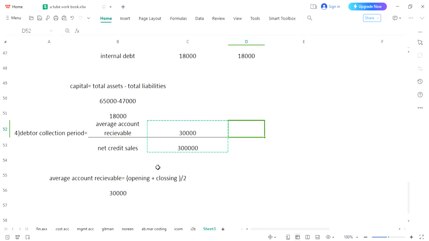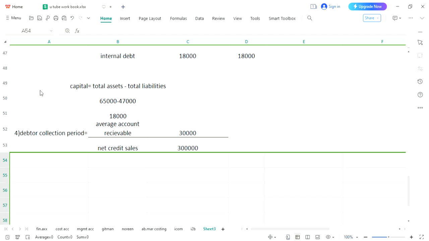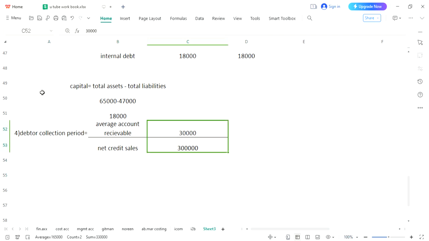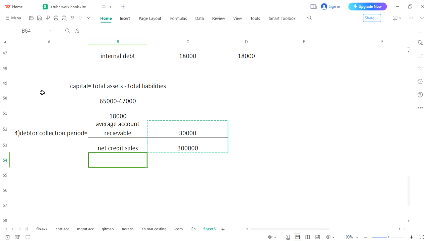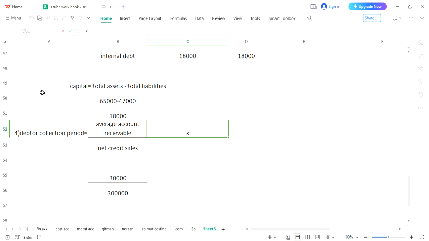We need to make a little space, so let's add some columns and rows over here. Okay, we have got our rows. We are shifting it over here. Here we need to multiply by 365, 366 or 360. All can be used.